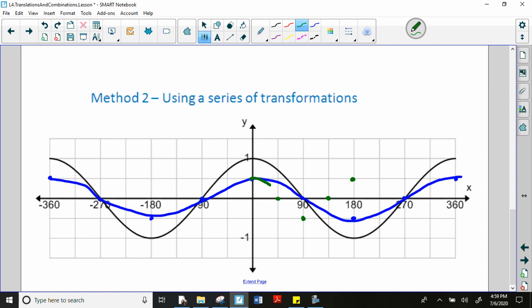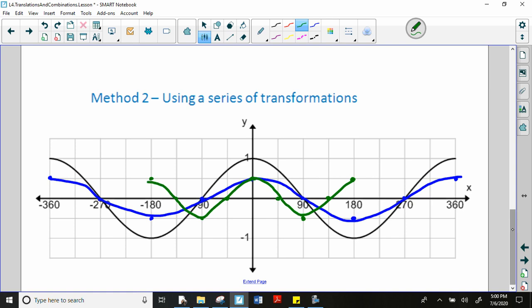So now all of a sudden I've got this happening, and you can see how more cycles are going to happen. This only took 180 to complete one cycle. And if I go backwards to there, it would be middle, low, middle. It would look like that. Okay.